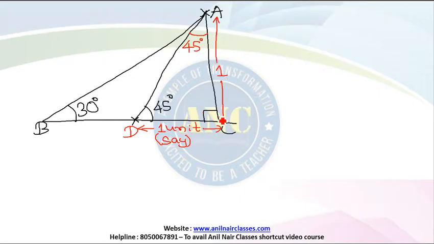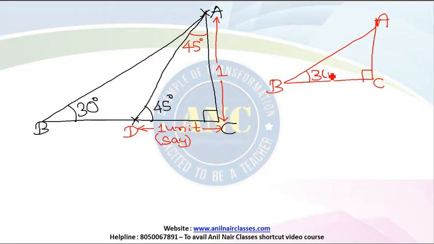Now why did I take it as 1 and 1? Because if I take the bigger triangle ABC, let me write it for you. In the bigger triangle ABC, angle B is 30 degrees. So angle A should be 60 because angle C is 90. In 30, 60, 90, we know that opposite to 30, if the side is 1 unit, here also the side opposite to 30 is 1 unit only, right, sir?